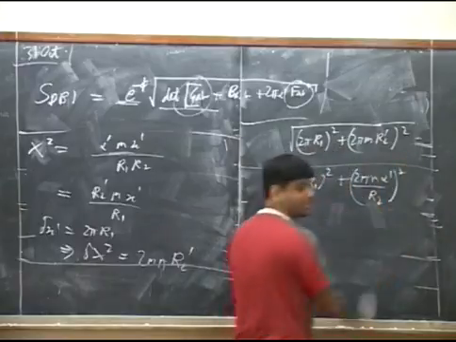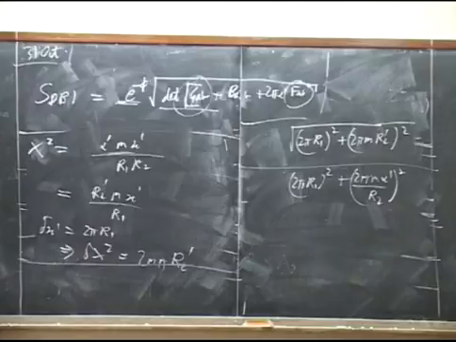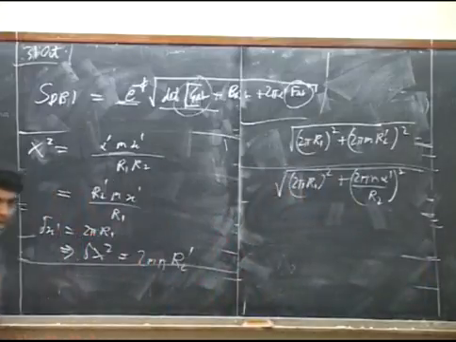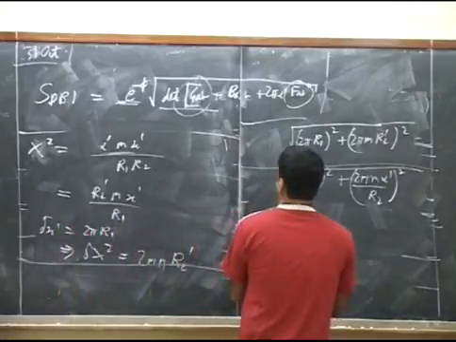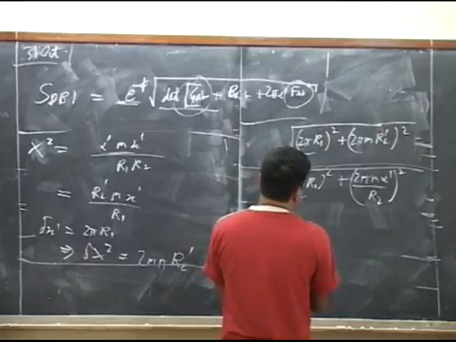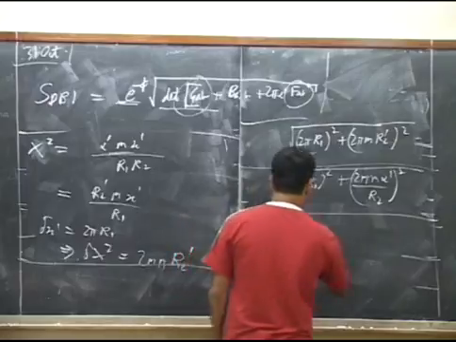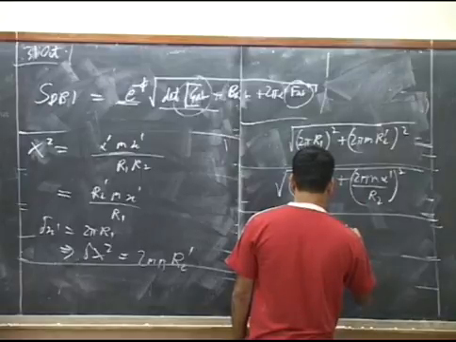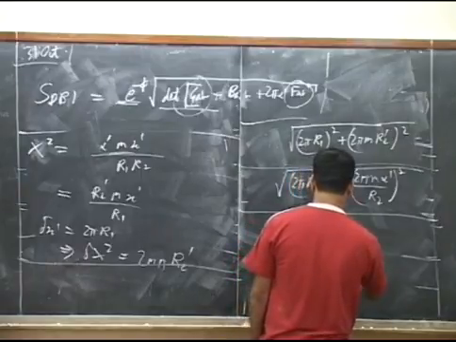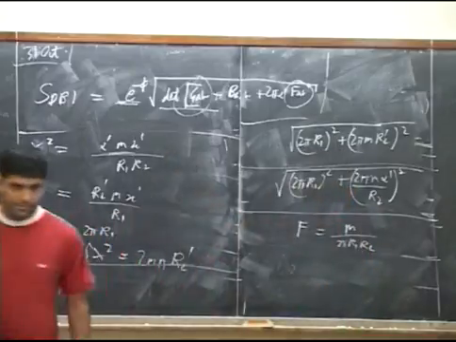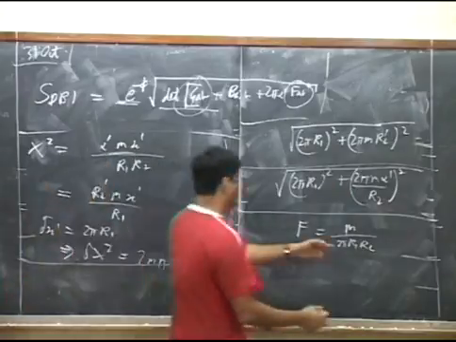We want to go back to the variables of the original thing. And where was the formula for the flux? The formula for the flux was F equal to m by r1 r2, so m we write in terms of the flux.